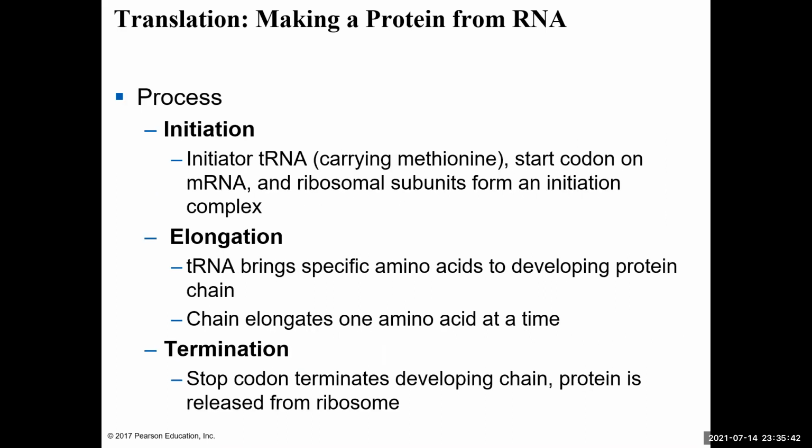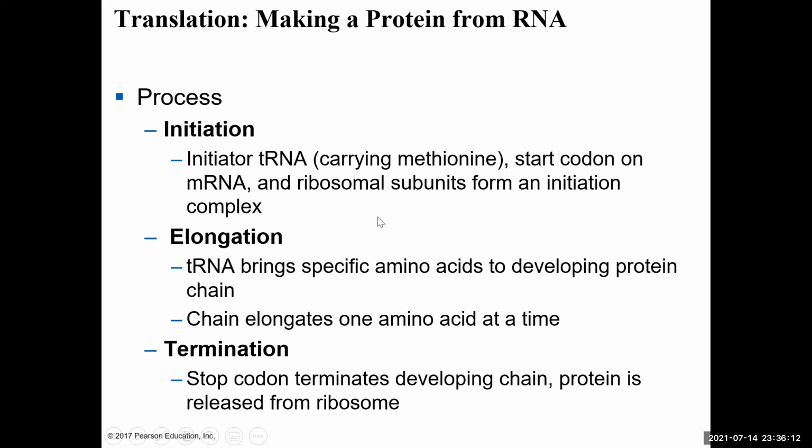And remember from our organic chemistry lecture that the peptide bonds form between amino acids in a polypeptide. And so the process of translation is initiation, elongation, and termination. During initiation, you have an initiator tRNA, and it carries the methionine, so the start codon, on the mRNA. Then ribosomal subunits, a large subunit and a small subunit, form what's called an initiation complex.